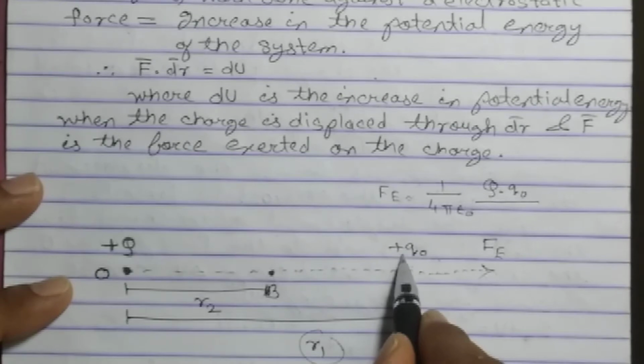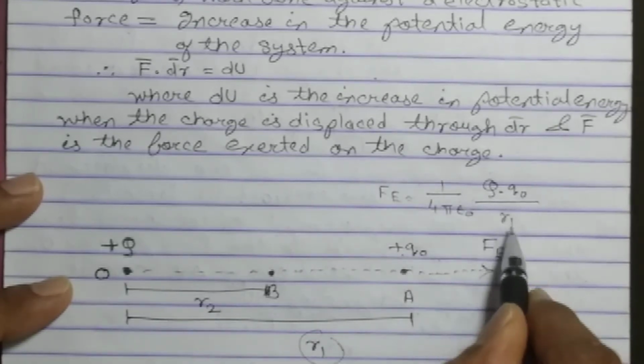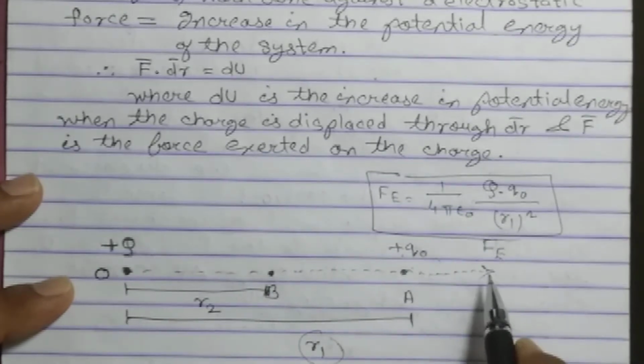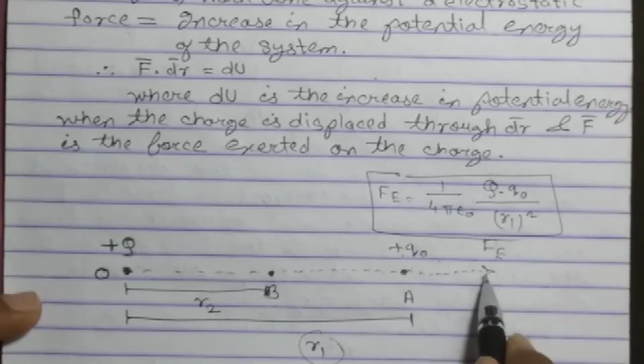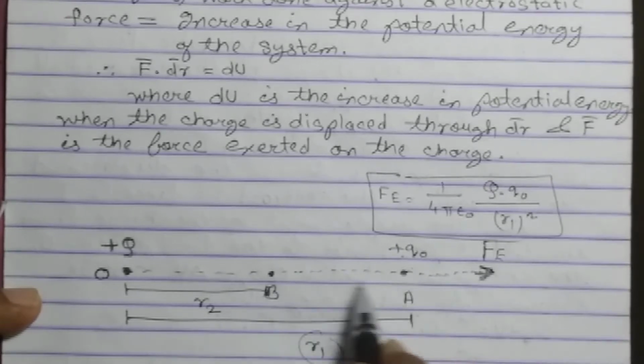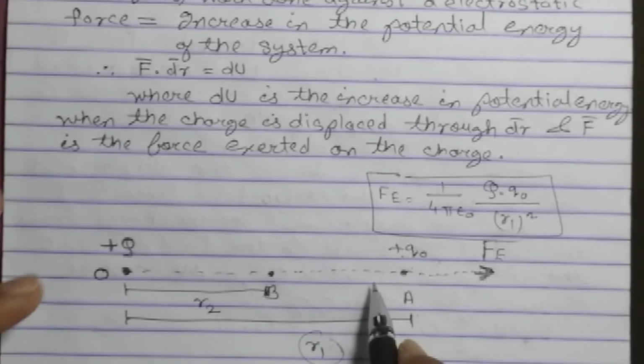Distance between Q naught and Q is R1, the square. This is the value of electrostatic force. Direction of electrostatic force is towards right.